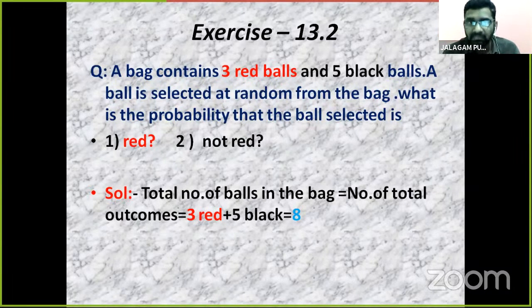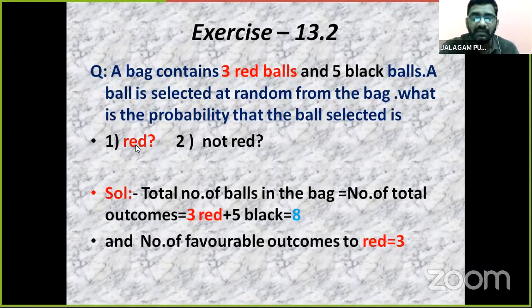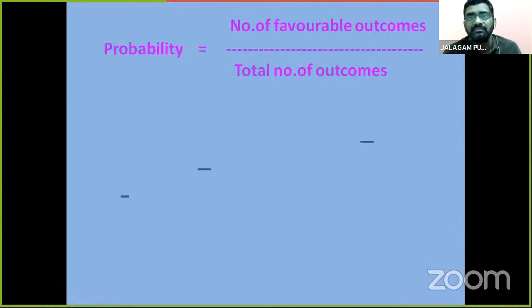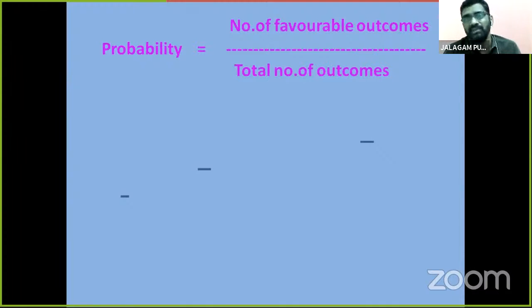Now, the first one is red. The probability of getting red: the number of favorable outcomes for red is 3. There are already 3 red balls, that's why we take favorable as 3. What is the probability definition?